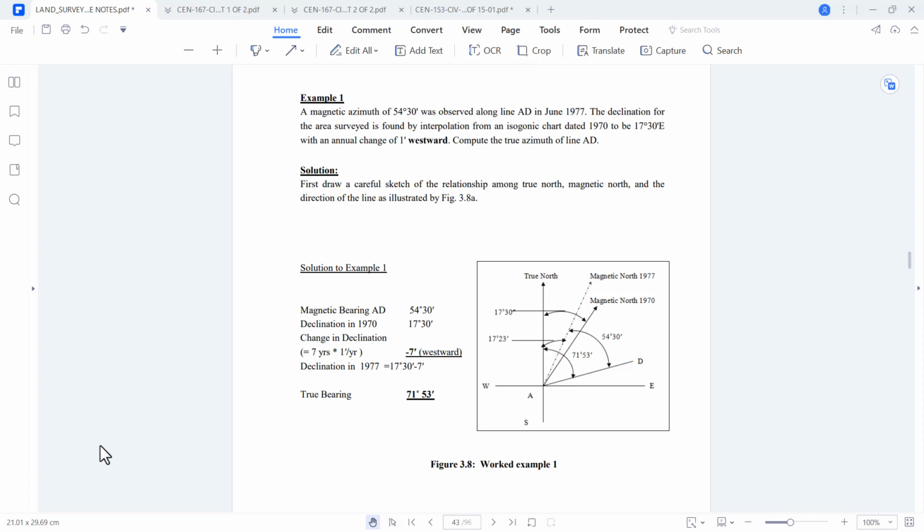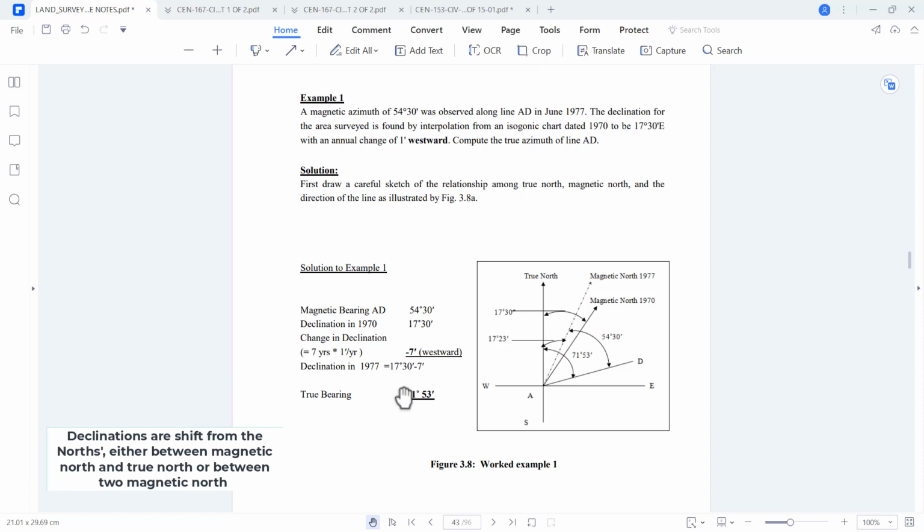The declination for the area surveyed is found by interpolation from an isogonic chart dated 1970 to be at 17 degrees 30 minutes east with an annual change of 1 minute westward. Compute the true azimuth of the line.